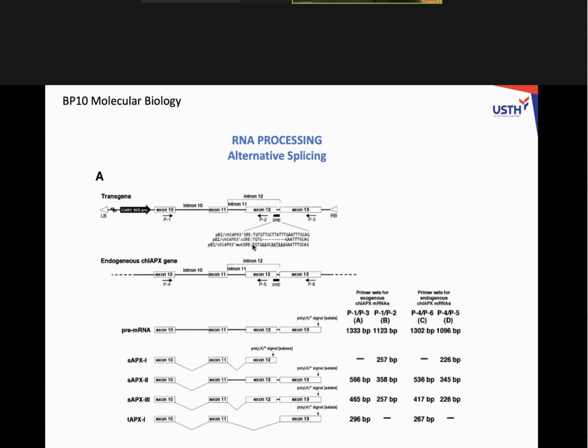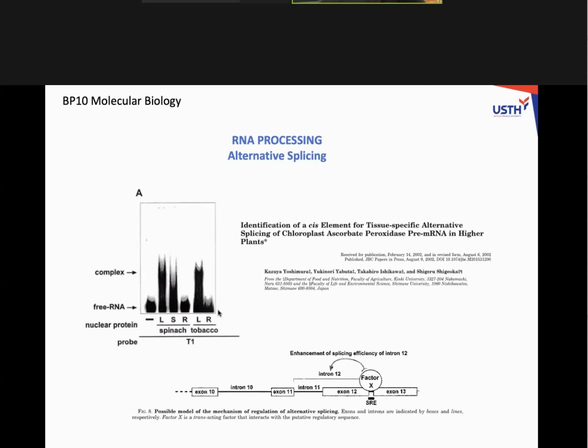The endogenous sequence is this one, the last one. There is a small sequence which is partly on the exon 12 and partly in the intron 12 in the gene that you find back in the RNA. And this sequence is the regulatory sequence of the alternative splicing. I will show you what they did just after.